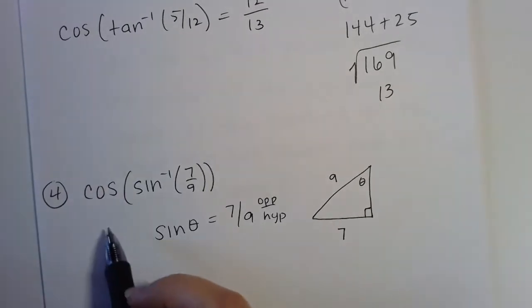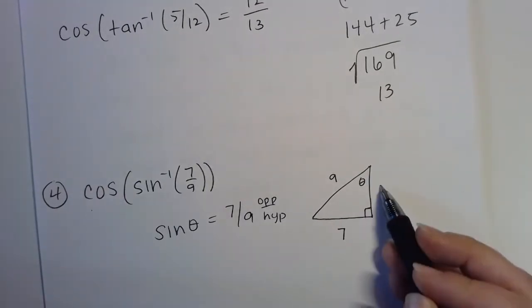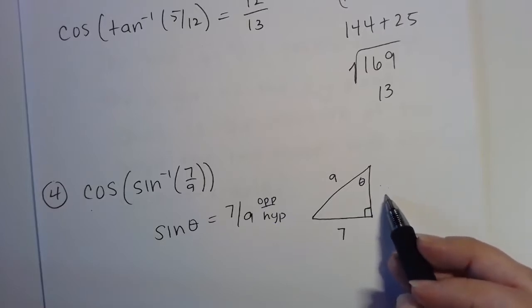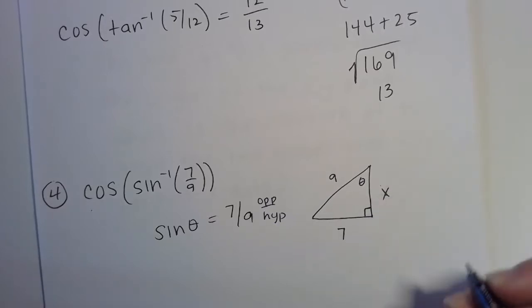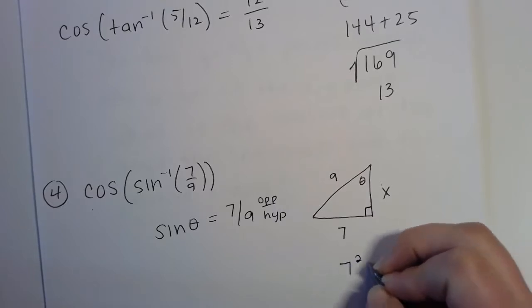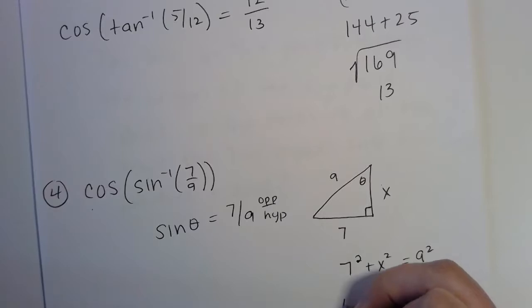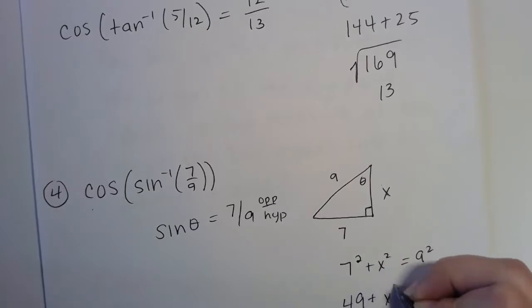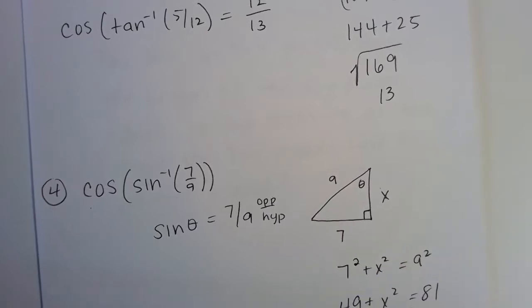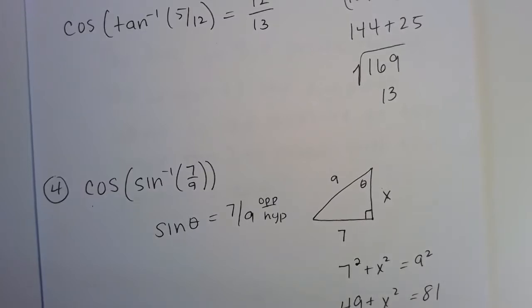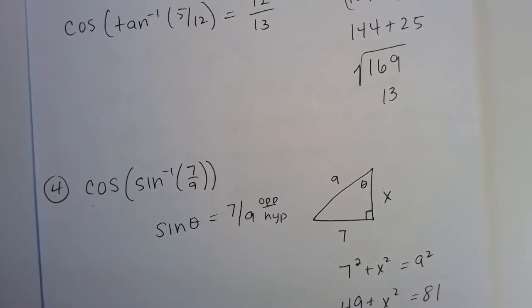Okay, so I know that cosine involves the adjacent side over the hypotenuse, so I do need to find this side over here. This time, this is my x. I have 7 squared plus x squared equals 9 squared. So this is 49 plus x squared equals 81. So x squared is equal to 81 minus 49, which would be 32. So my x is the square root of 32.